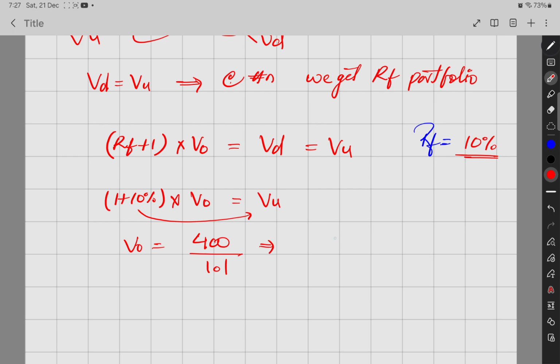Now if you remember, the V0 value is just hash n times S0 minus the number of calls.